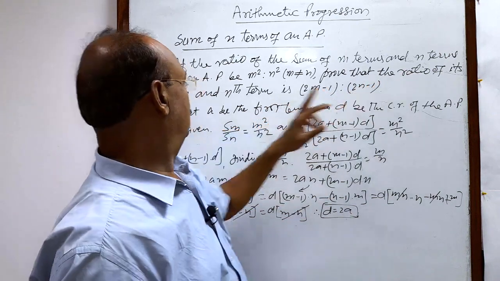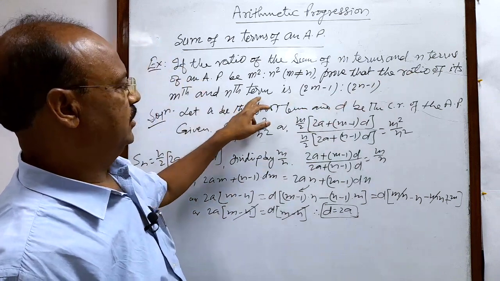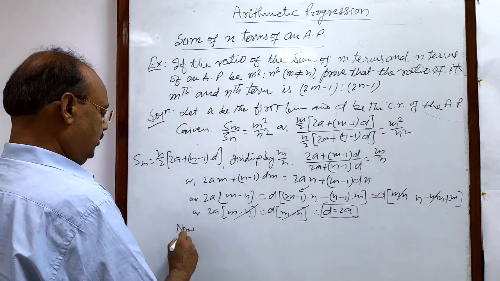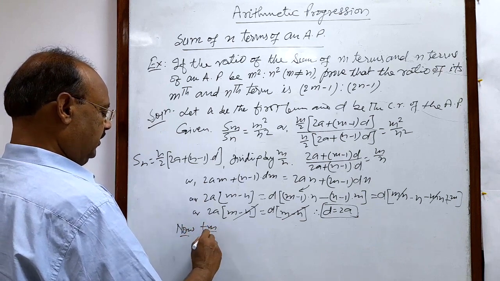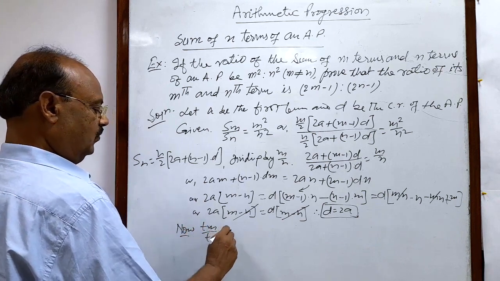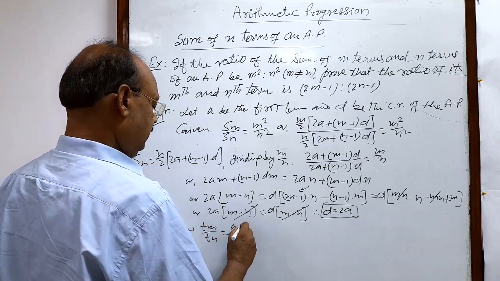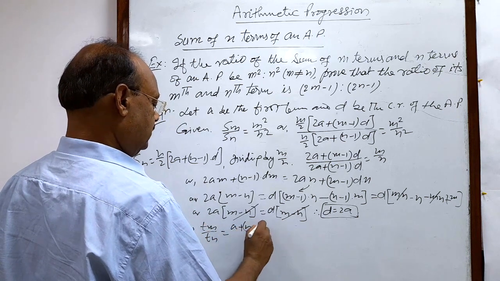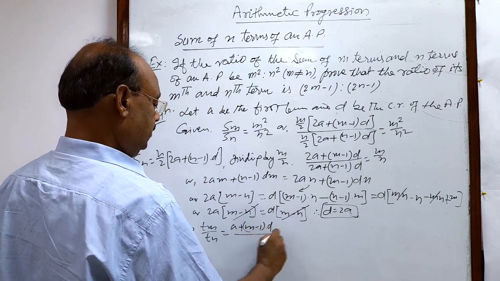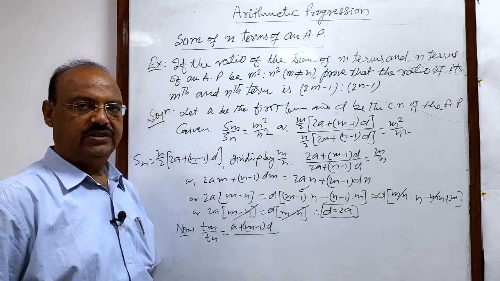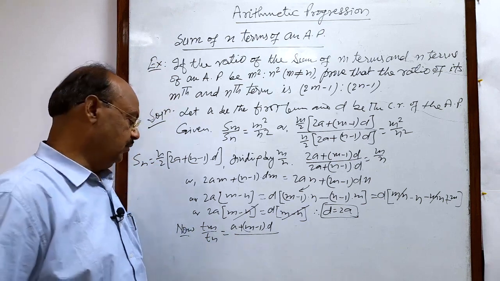Prove that the ratio of its mth and nth term. So we have to find out the ratio between the mth and nth term. By the formula, this is a plus (m minus 1) into d. We are using the formula for the nth term of an AP, Tn, which is equal to a plus (n minus 1) into d.